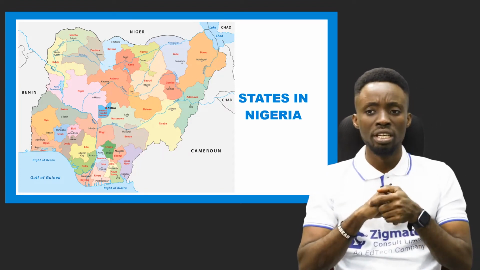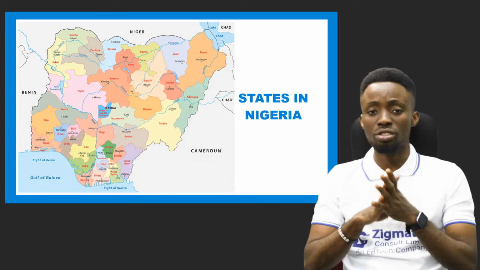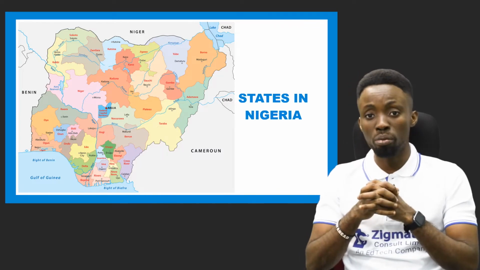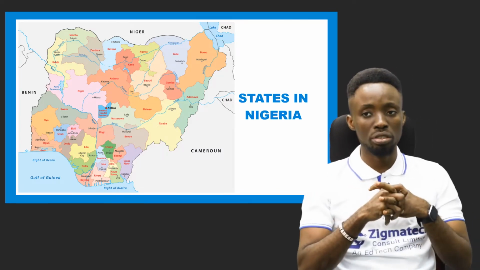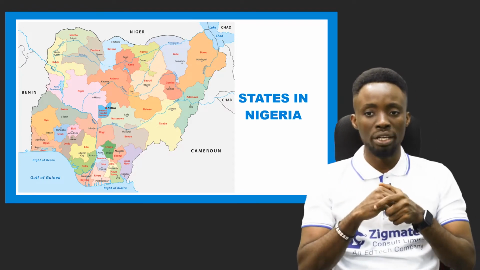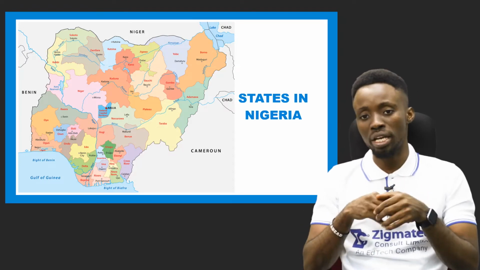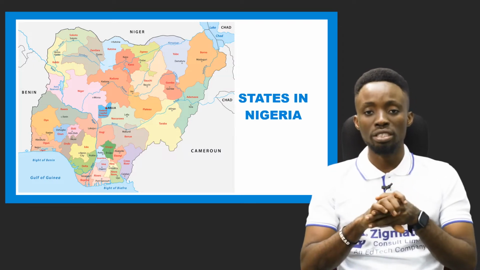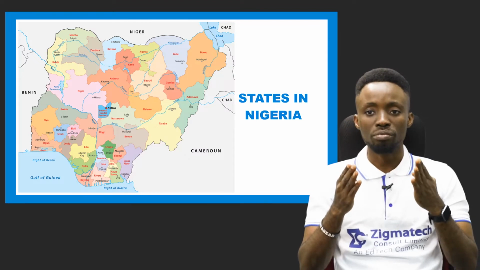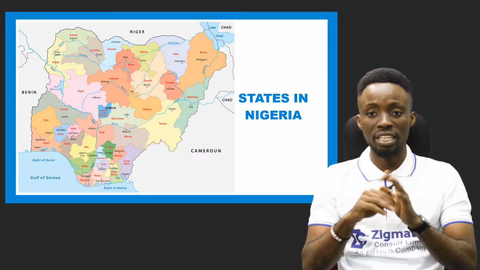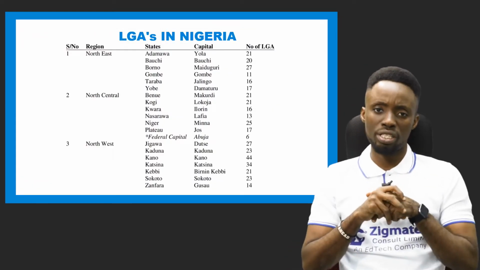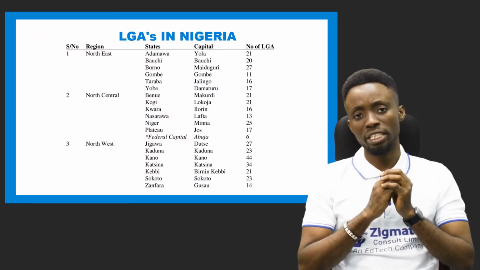And as you can see, we have Nigeria quietly surrounded by countries such as Benin Republic to the west, to the north Niger and Chad, then to the east by Cameroon and also Chad, and to the south by the Atlantic Ocean, the Bight of Benin, and the Gulf of Guinea. So we have Nigeria as a diverse state. So let's look at all the local government areas we have in Nigeria.